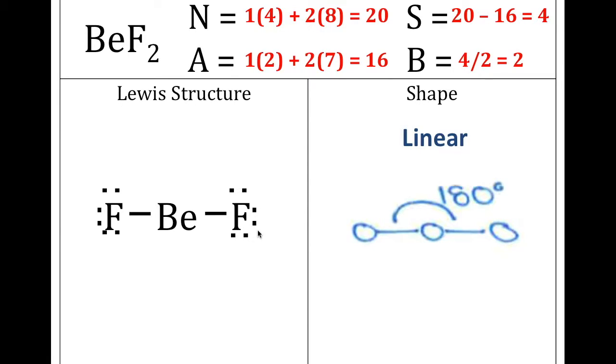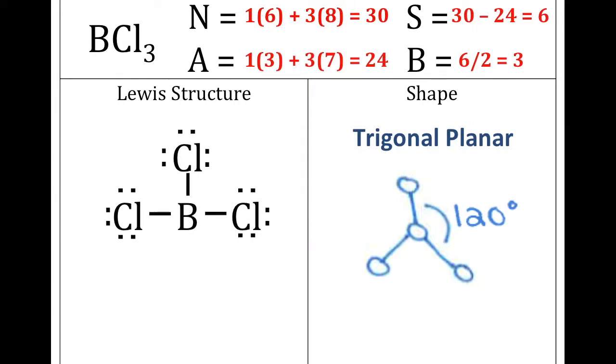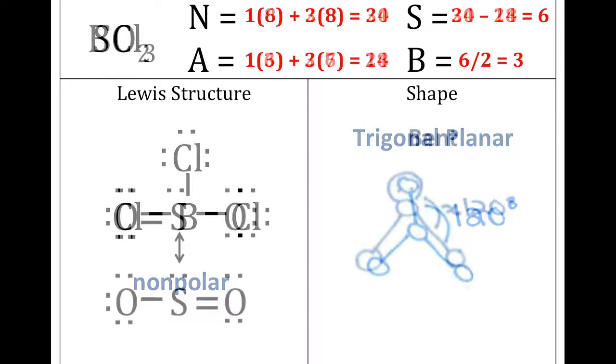It is going to be nonpolar. Let's look at the next one. So for boron trichloride, it is trigonoplanar. We have to determine whether or not it is polar or nonpolar. However, all 3 atoms that are bonded to the central atom are chlorine, so it is going to be symmetrical, so it is also nonpolar.